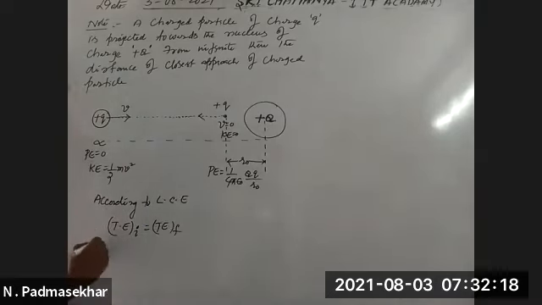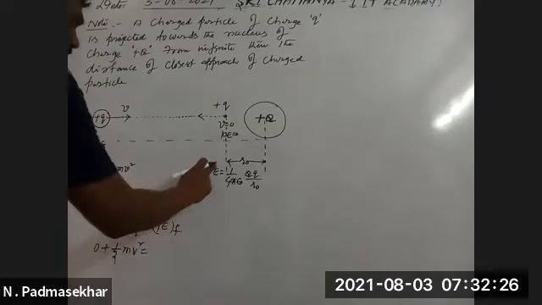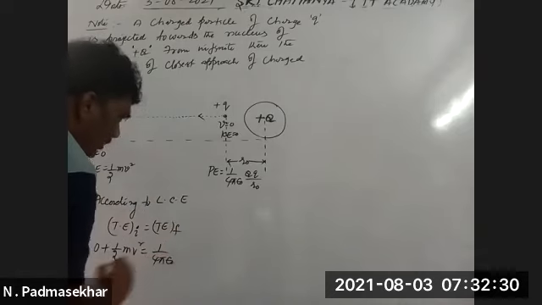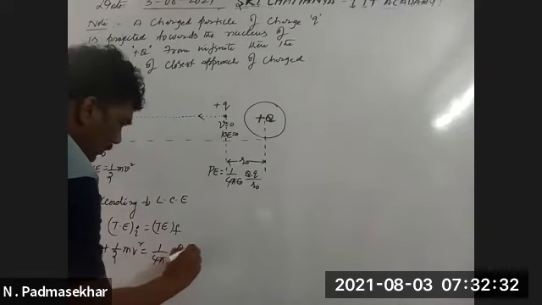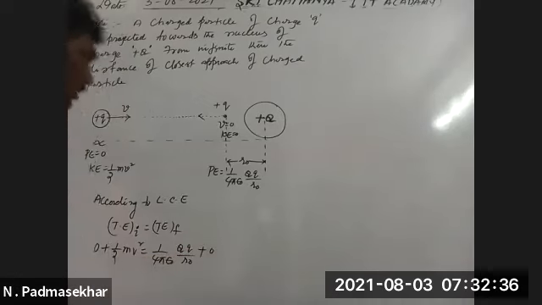Initial total energy means potential energy plus kinetic energy, half m v square, is equal to final total energy. Final total energy means potential energy, 1 by 4 pi epsilon naught Q into Q by R naught, plus 0 plus 0.